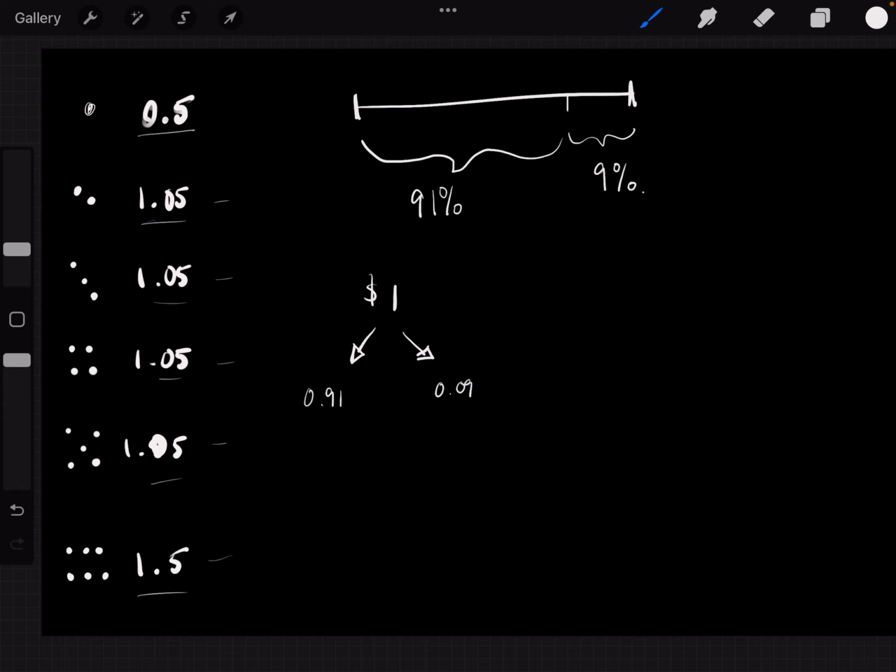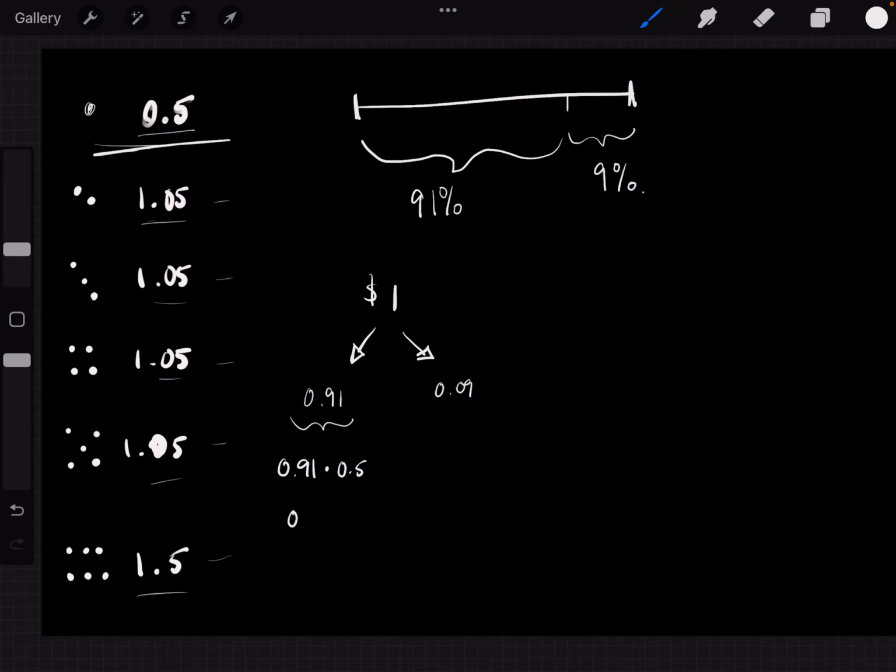Regardless of what the roll is, you will always be separating it into these two things. Now Nietzsche's demon rolls the dice, and you get a 1. You take the 91% and that's the money you're betting. So you take the 0.91 and multiply it by 0.5, because Nietzsche will be taking away 50% of the 91% because you rolled a 1.